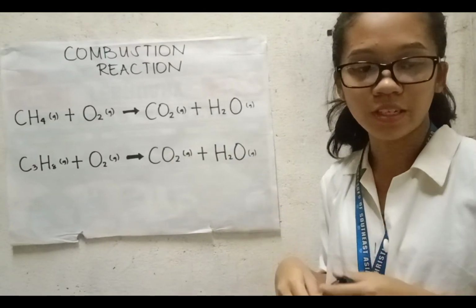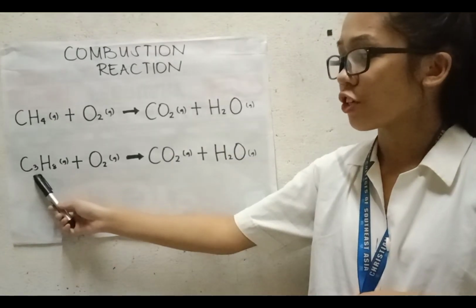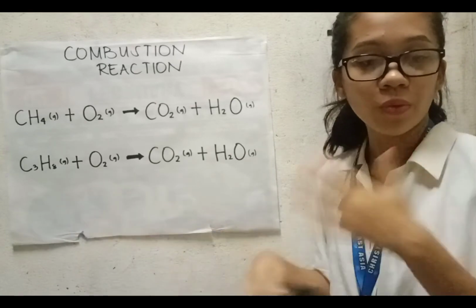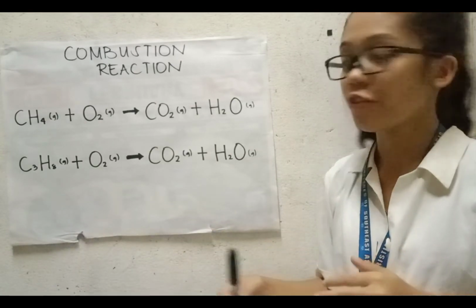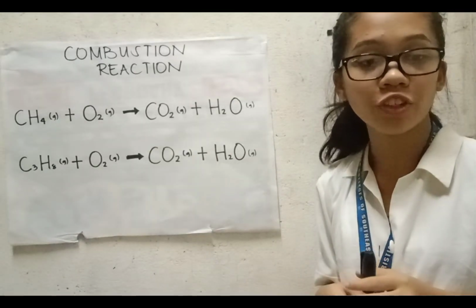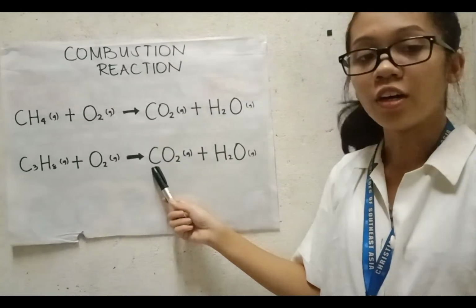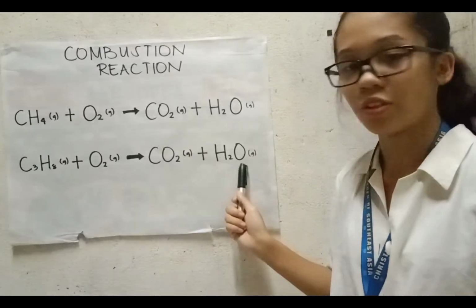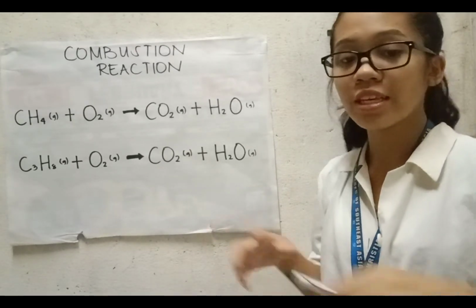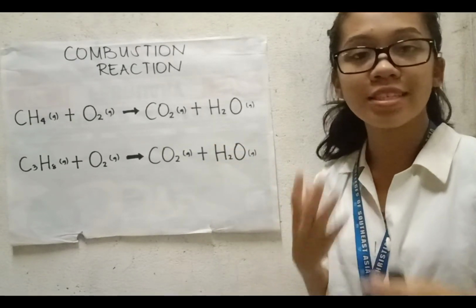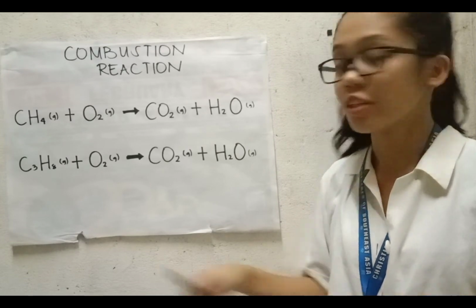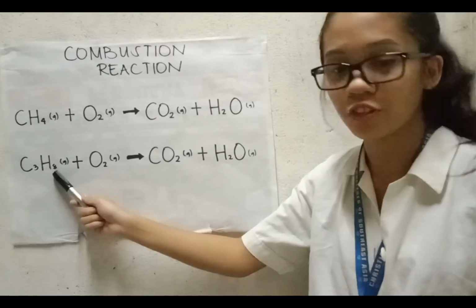Another example is C3H8, which is the chemical formula of propane, another type of natural gas. It combines with oxygen and forms carbon dioxide and water. These two reactions are essentially identical except for the number of carbons and hydrogens.